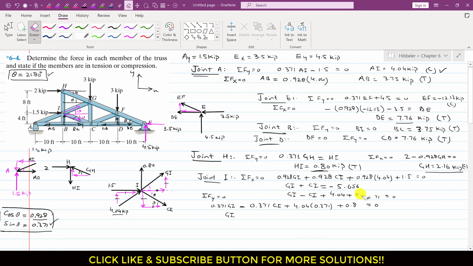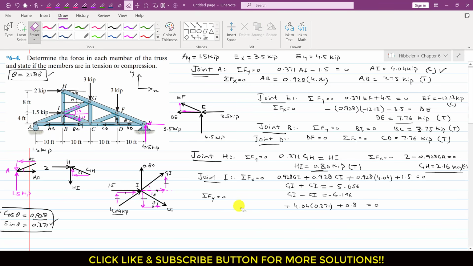If we simplify this, this is equal to 6.196, and this is equal to 0. If we bring this to the other side of the equation, this will become minus. So we will be left with these two equations. So we have two equations and two unknowns, right?